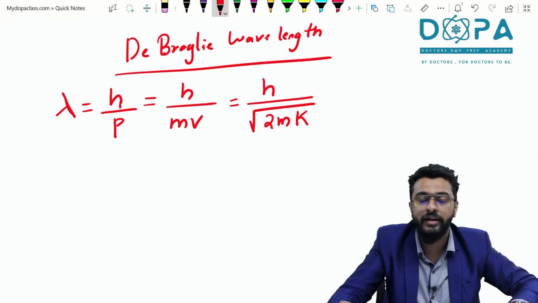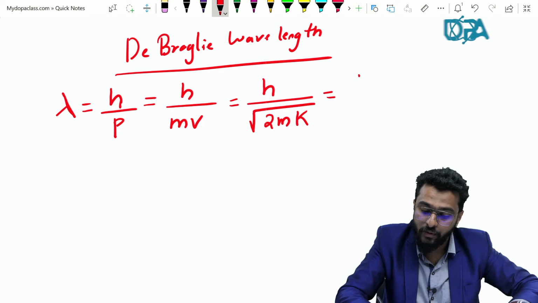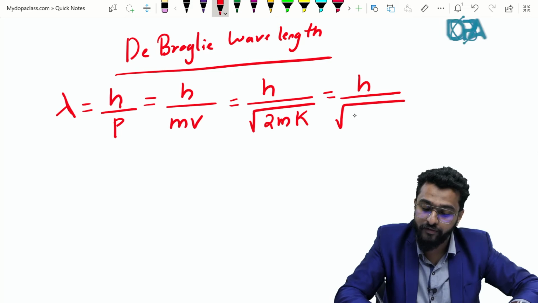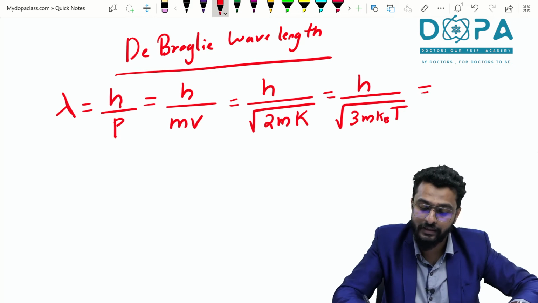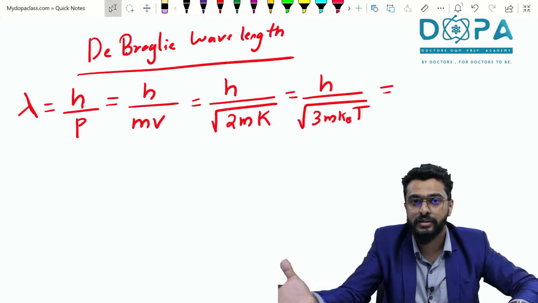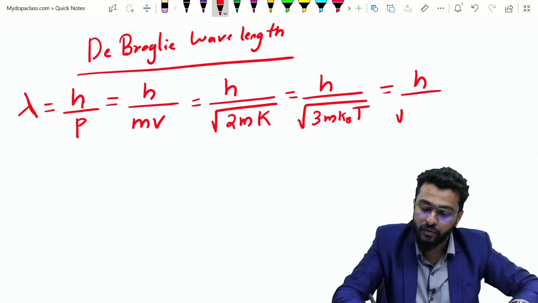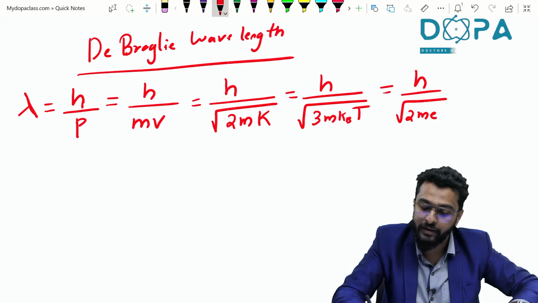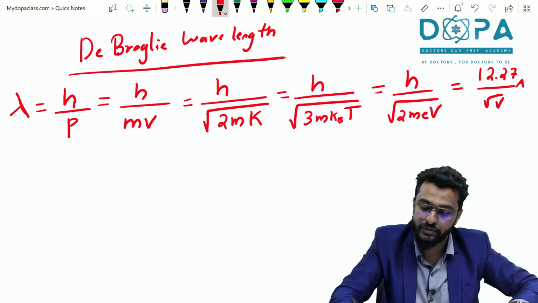Then another equation of de Broglie wavelength in terms of temperature, that is equal to h by root of 3 m kB T. That is equal to another relation of de Broglie wavelength with respect to electron volt or voltage, that is h by root of 2 m e V, and that is equal to 12.27 by root V angstrom.